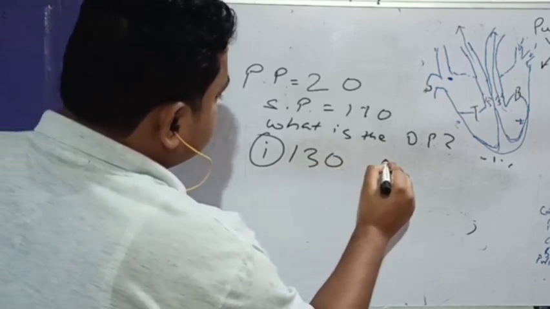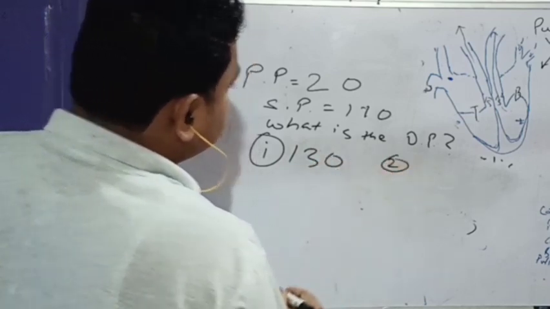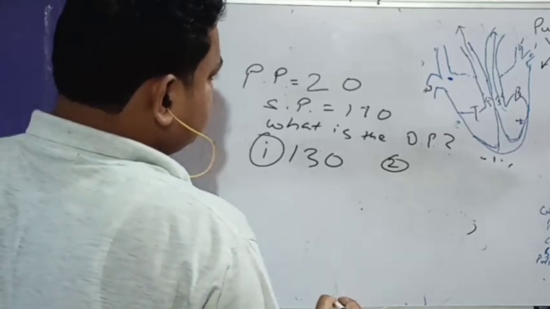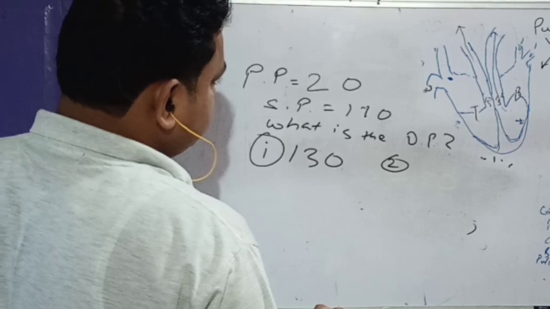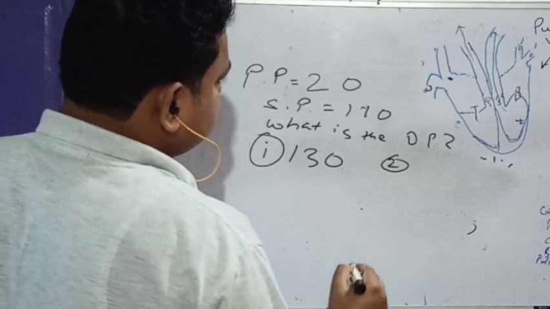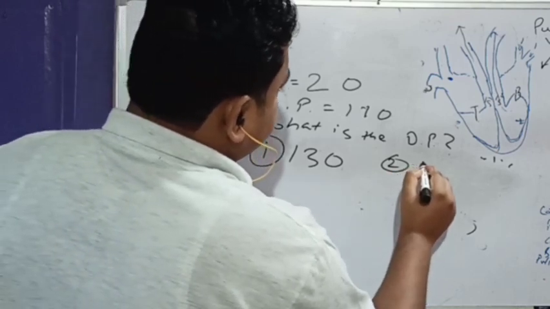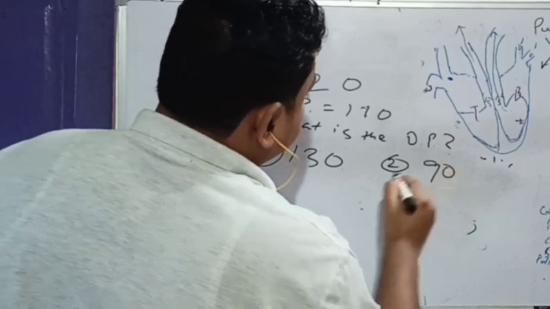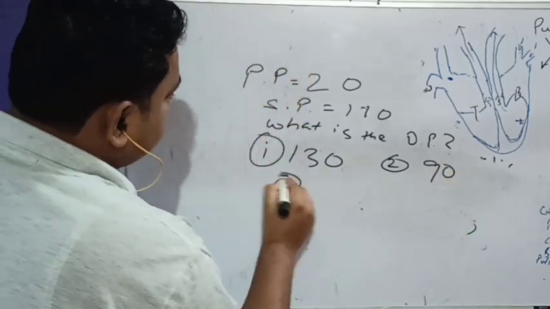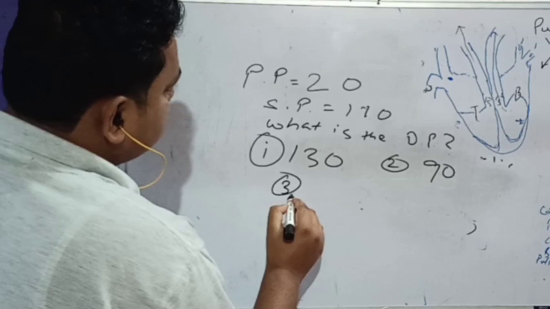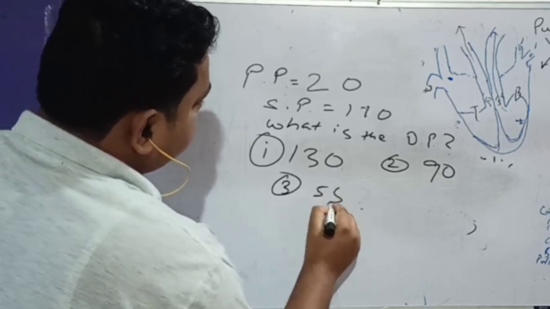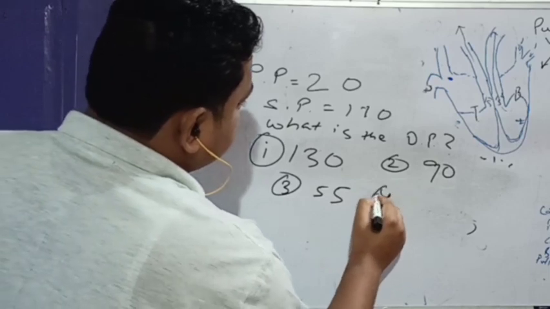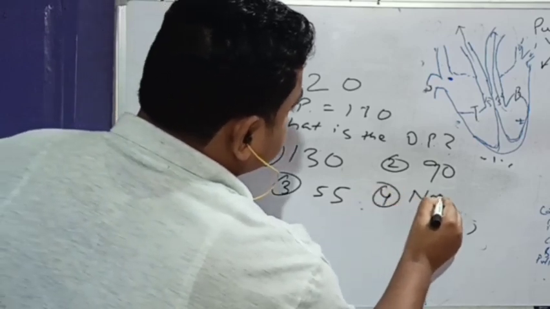Option 2: 90. Option 3: 55. Option 4: none of these.